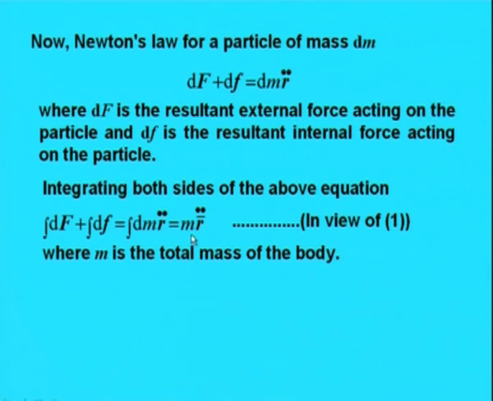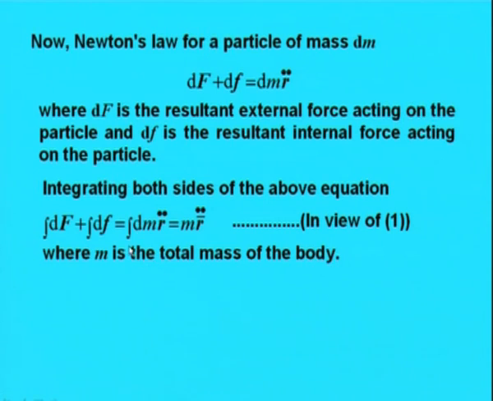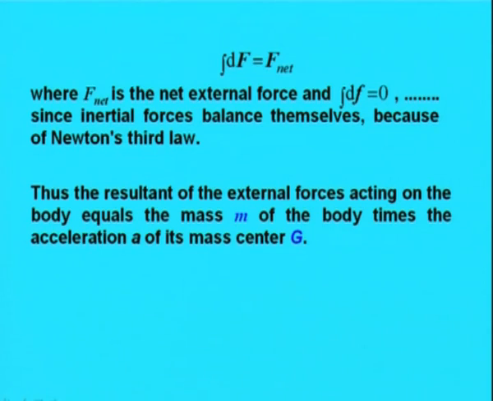That is equal to m times R bar double dot, because equation 1 says that R bar is equal to the integral of R dm divided by m. So we get the integral of dF plus the integral of df is equal to mass times R bar double dot, where R bar is the position of the center of gravity from the fixed point and m is the total mass of the body.